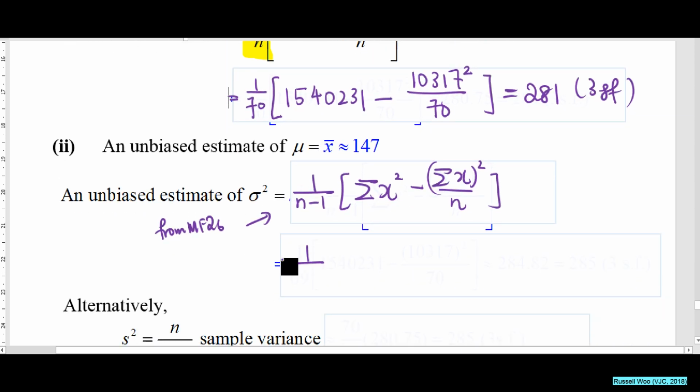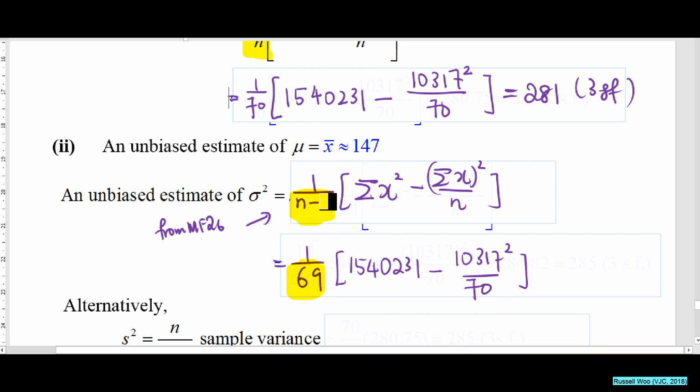Then you have 1 over 69, 154031 minus 10317 squared over 70. Now just take note, this is 69, this is n minus 1. Put in the calculator, we'll get an answer 285.